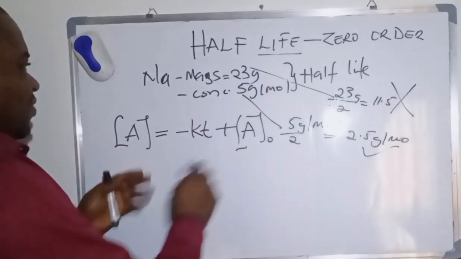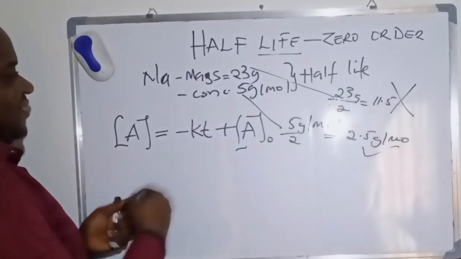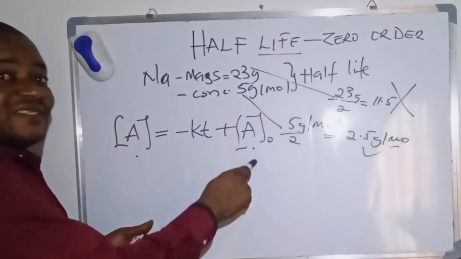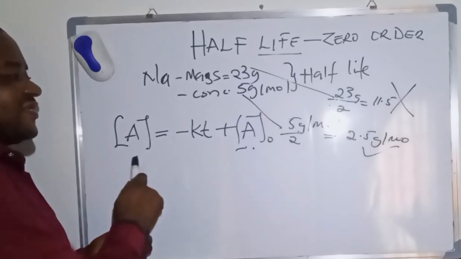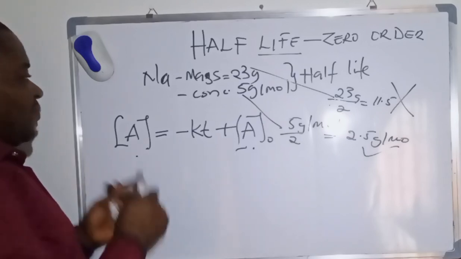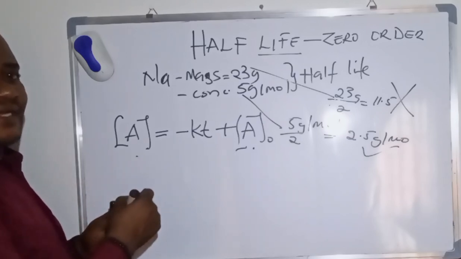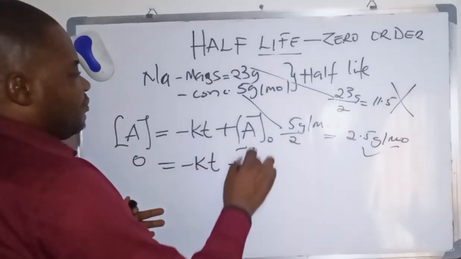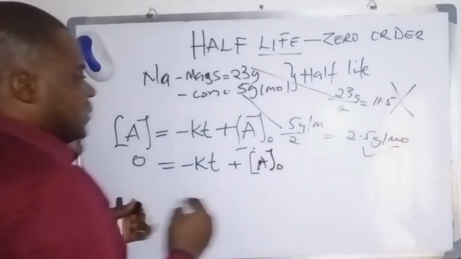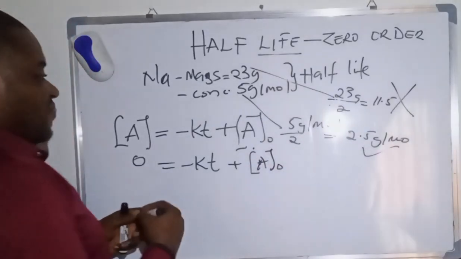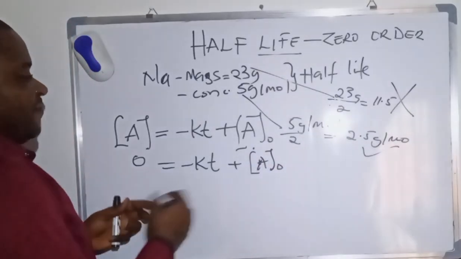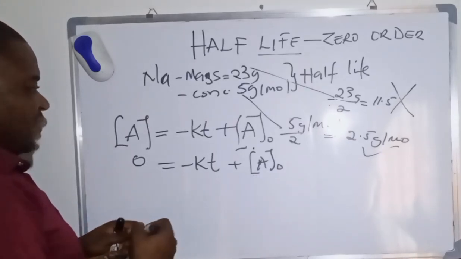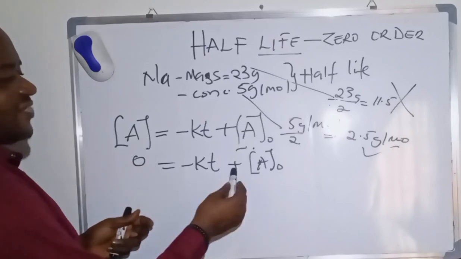Now, with this equation, our interest is not here, because this is the original concentration, and this is the final concentration. So we will do away with this and make it 0. So 0 is equal to minus KT plus the original concentration. We make this the subject of the formula, so the sign changes to negative.